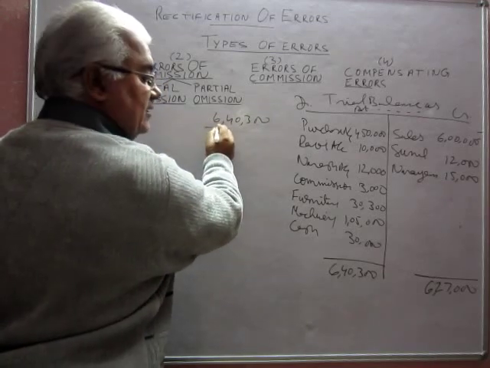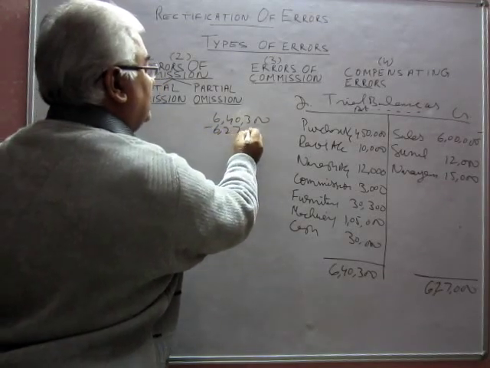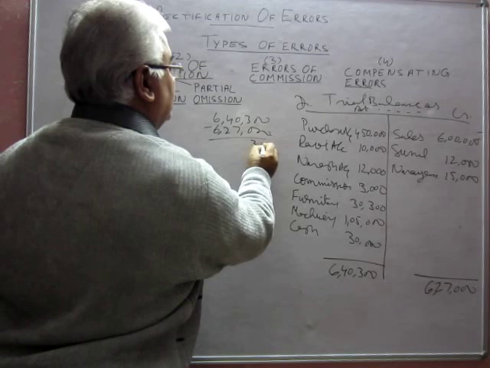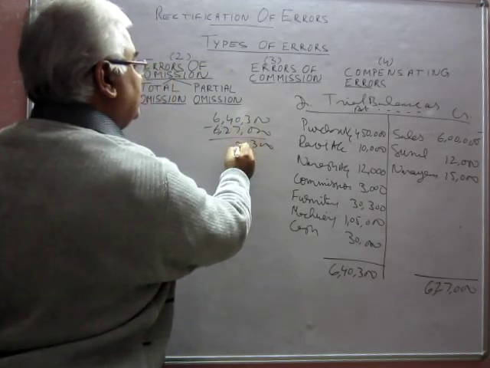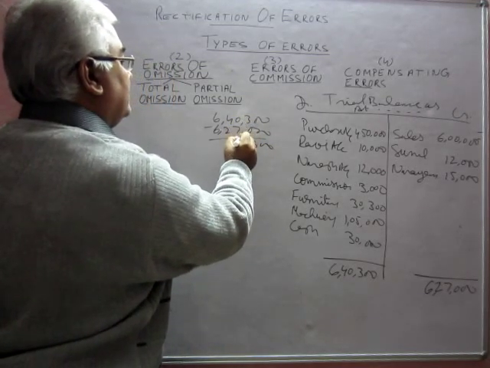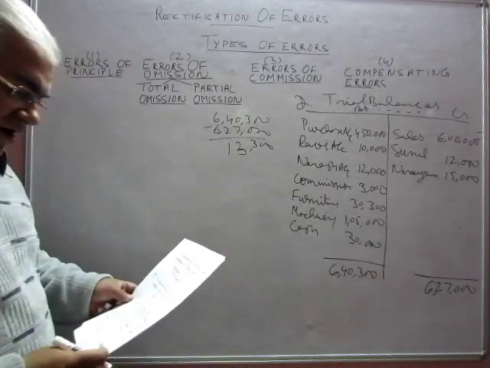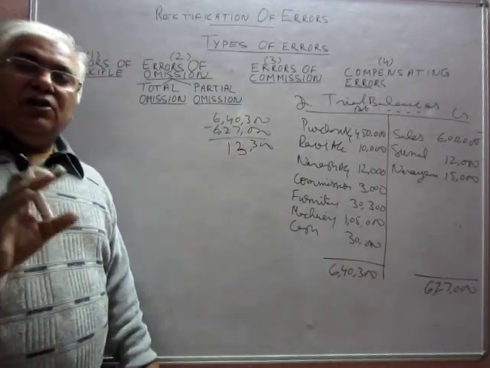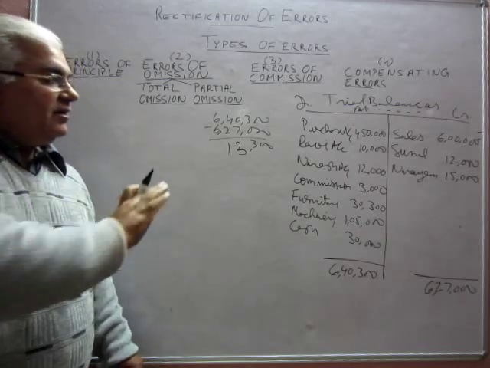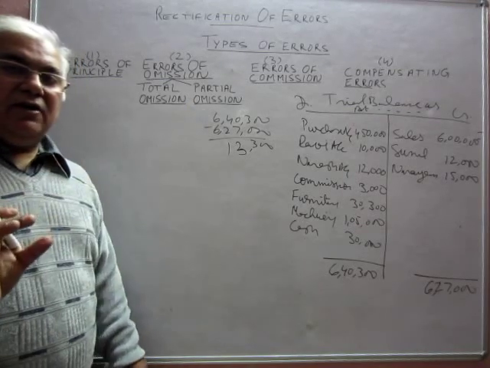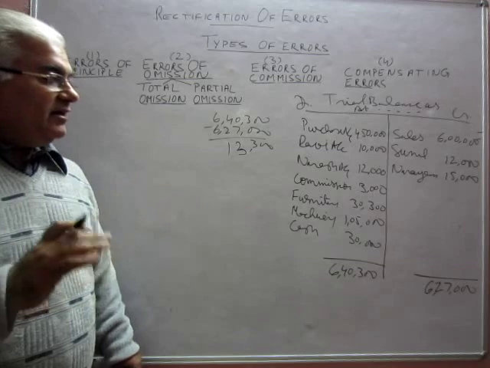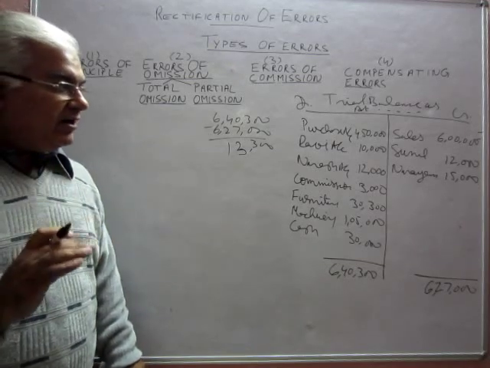6,40,300 minus 6,27,000. How much is it? 13,300. You see, that means all those errors are having an effect, the net effect of which is that our credit side is short by 13,300.